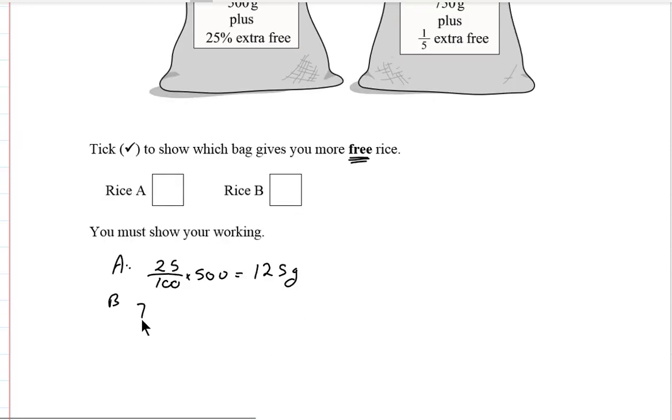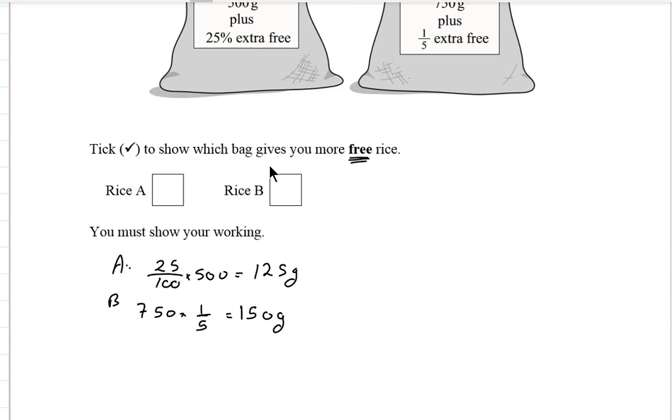For rice B, we have 750 times 1 over 5, which means 750 divided by 5. We can divide 75 over 5 only. 7 over 5 is 1 times 5 is 5. The remainder is 2. 25 over 5 is 5. And we put 0 again here.